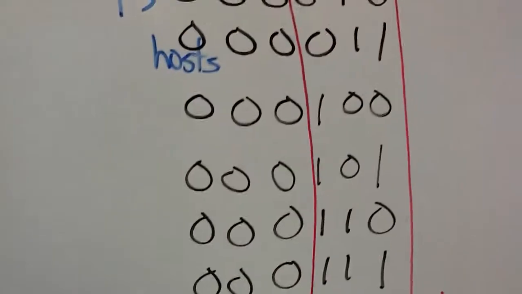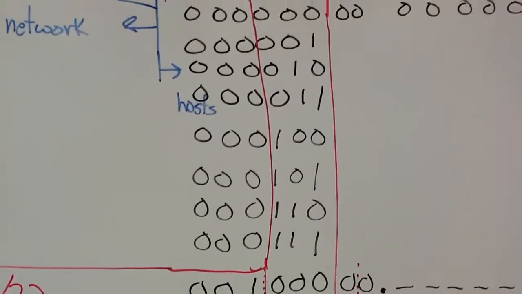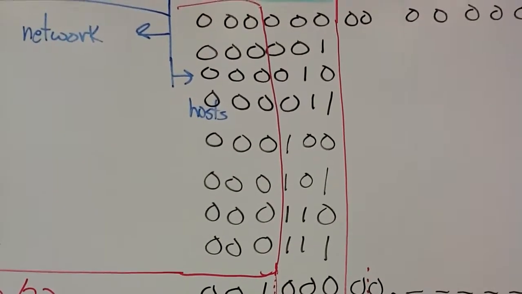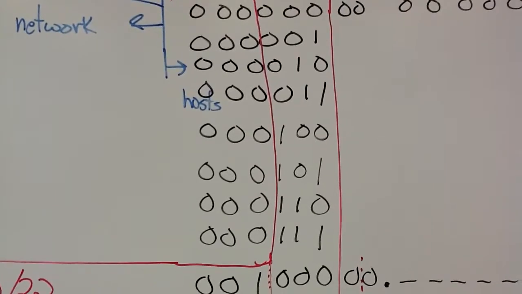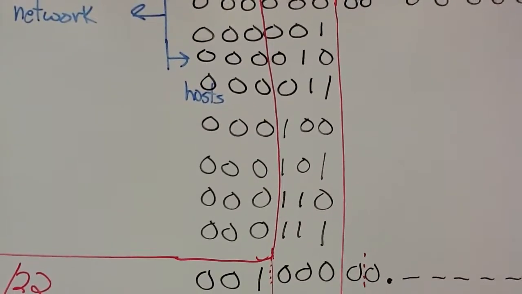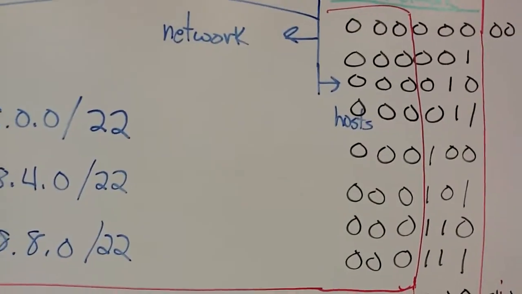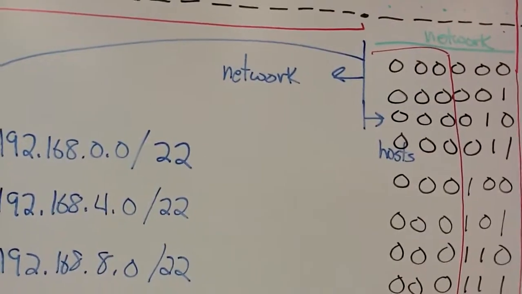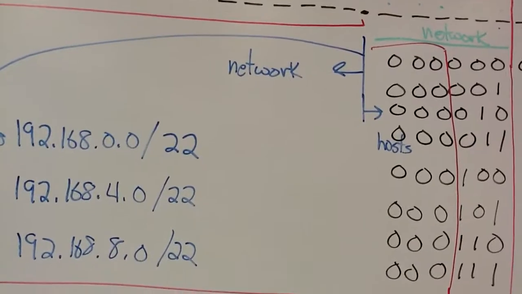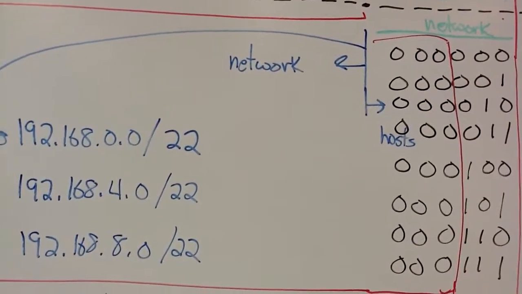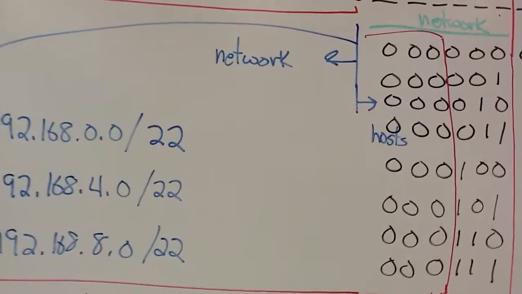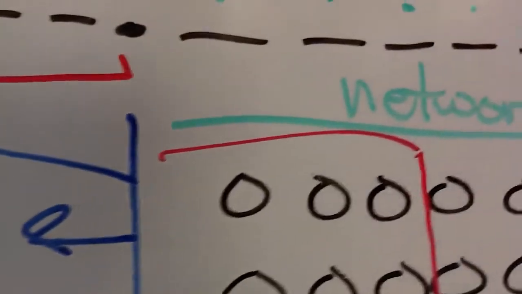And what we did, we wrote out those first 8 and said, well, if we took and assigned that group of 8 to one side of the network, we could, and you see the extra line there, since all those zeros, since that's all the same, we could then have a summarized route for all 8 of those. 192.168.0.0/19, 16, 17, 18, 19.